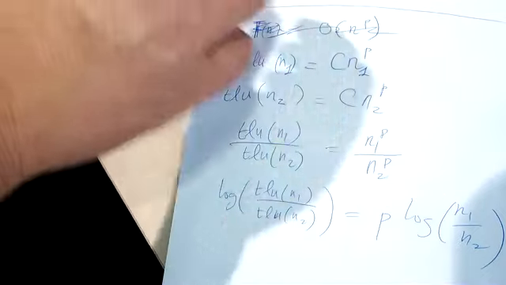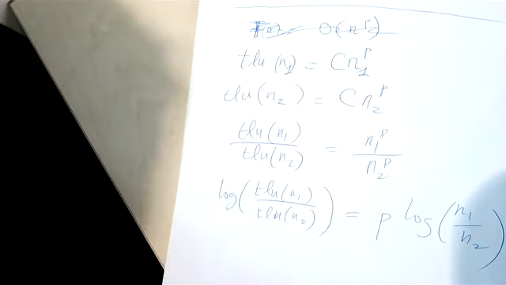Can anyone give me a simple example of a positive definite matrix? Yes, very good. So the identity is a positive definite matrix.